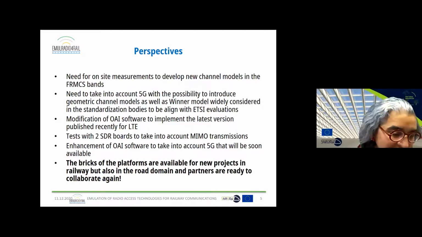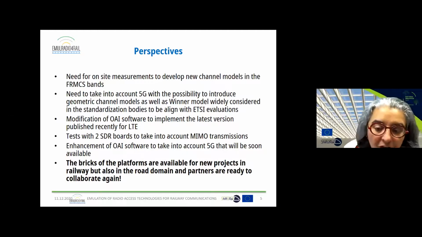And as I said before, and as Raoul said, they have implemented the last version of OpenAirInterface, and it works much better. And we are at Université Gustave Eiffel starting to work in 2021 to implement 5G, if this is available. It is not yet totally available, but we are in contact with EURNEXe-V.